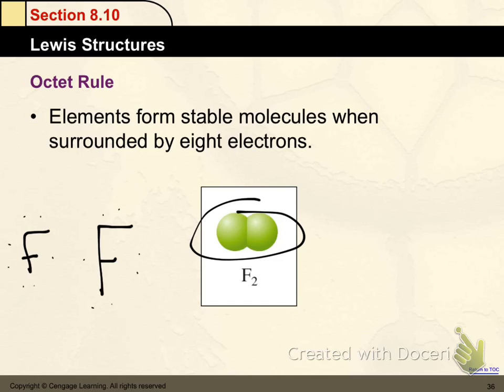Now, we know what's going to happen. We have 7 electrons on each atom, so that means there's going to be sharing of an electron between the 2 atoms, and there that sharing is, right there. And that creates the bond between the fluorine atoms, which allows that molecule to be stable. So those are the bonded atoms, and these are the lone pair electrons. Bonded electrons, lone pair electrons.